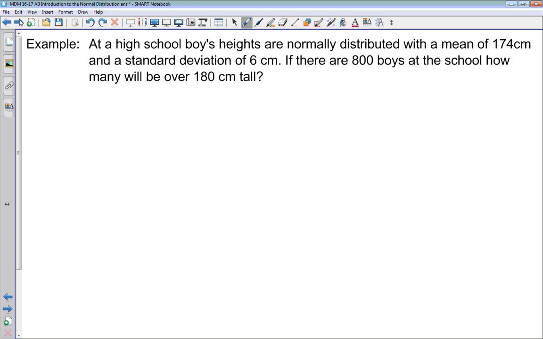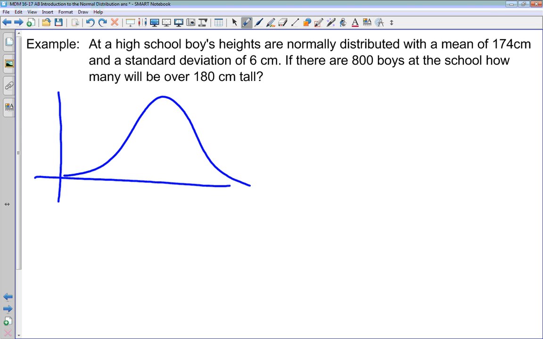Well, let's sketch a little normal distribution here so we can visualize these numbers a little bit better. Our normal distribution always looks like this. We know that our mean is at 174.